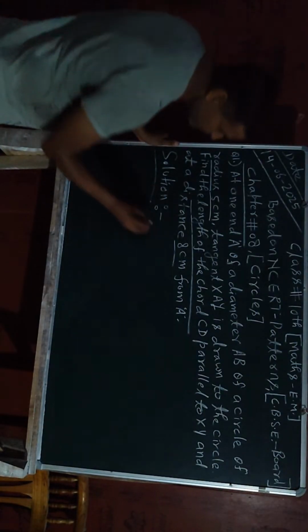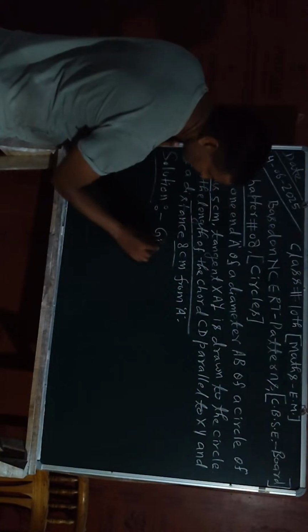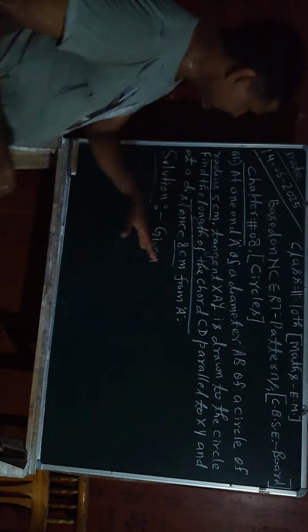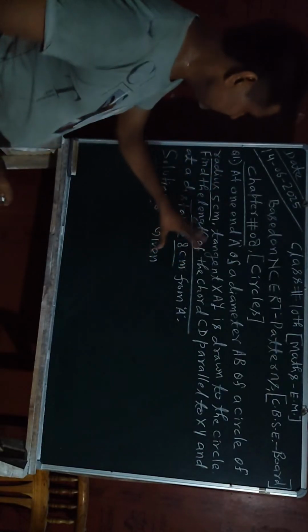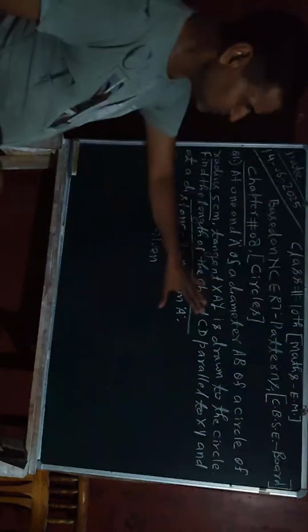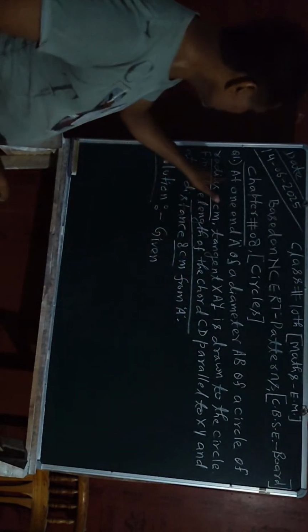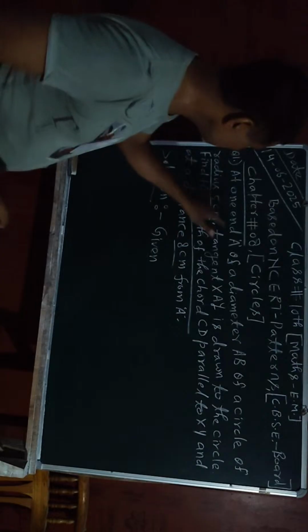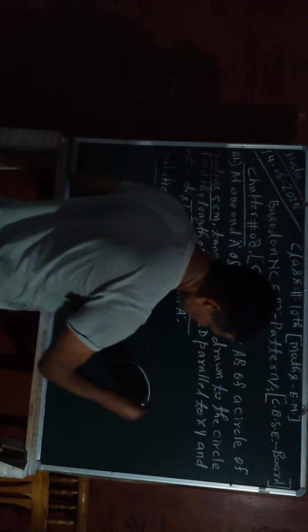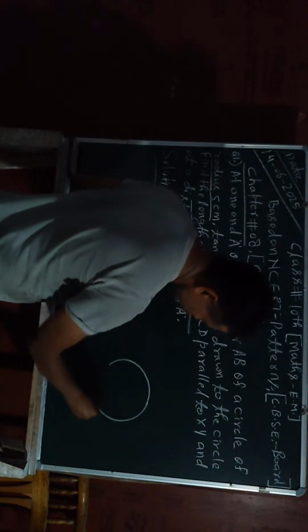Okay, so here I am going to write the information that is given. First of all, I have to read the problem clearly, and I have already read this problem clearly. Now I am going to write all the information available in this question. Now at one end A of a diameter AB of a circle. I am going to draw a circle, and that circle has a diameter.